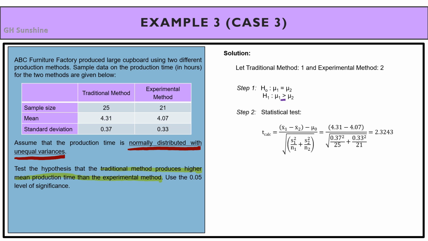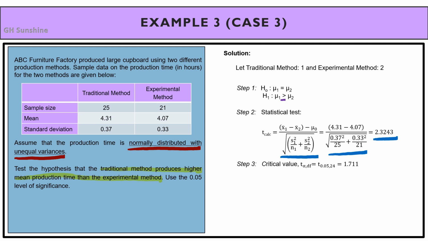So second step, calculate T calculation value. So this one, we will use this formula, third case. Substitute all the values. So T calculation equal to 2.3243. Next, find the critical value.